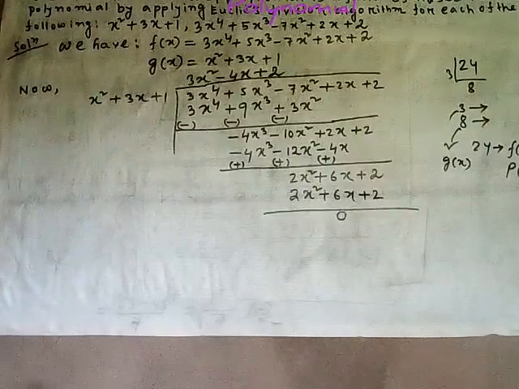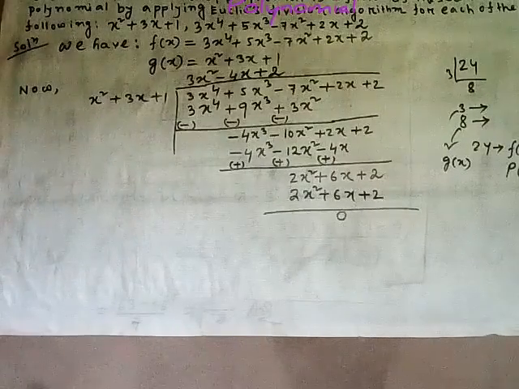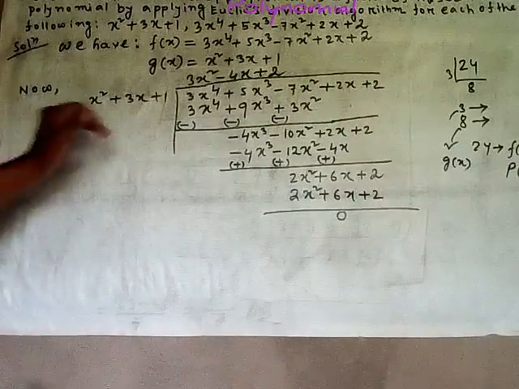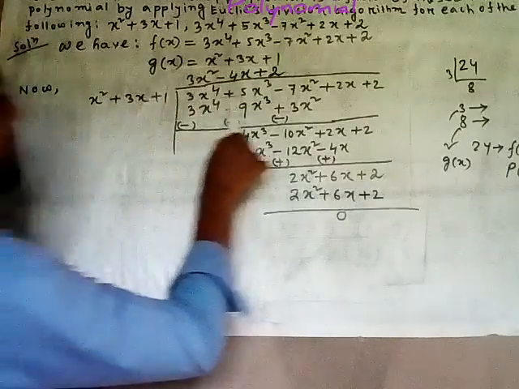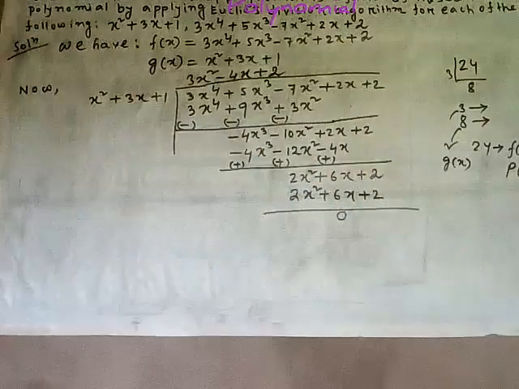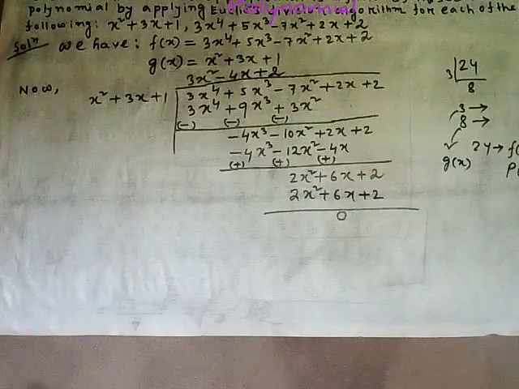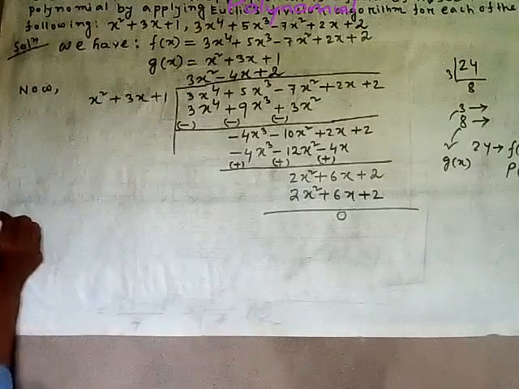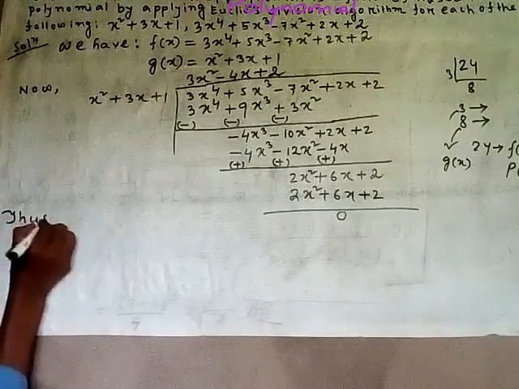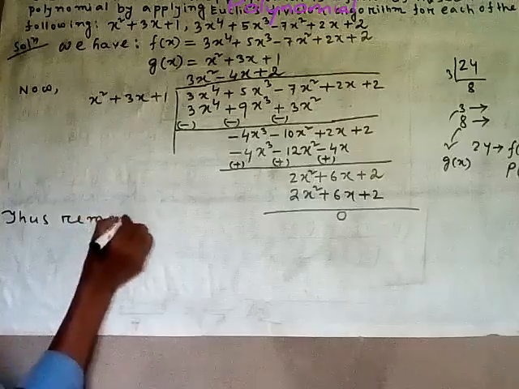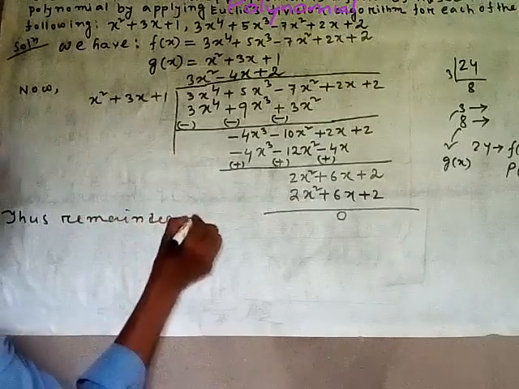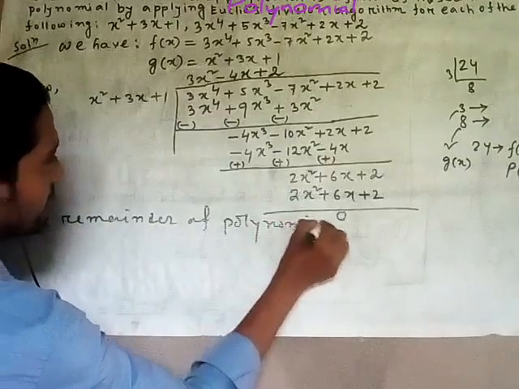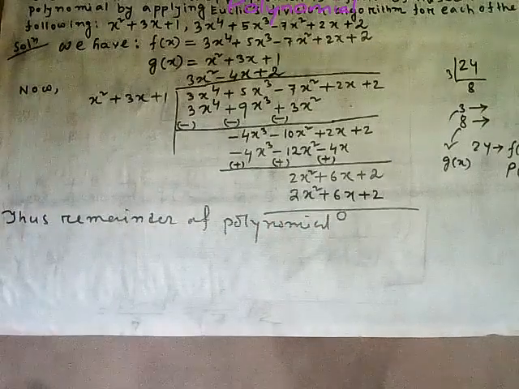If the remainder is 0, then only we can say this divisor part is a factor of this dividend part. So we can write thus remainder of polynomial.